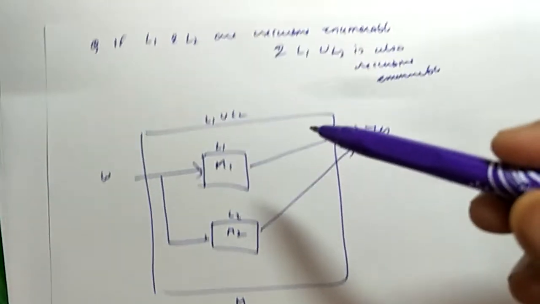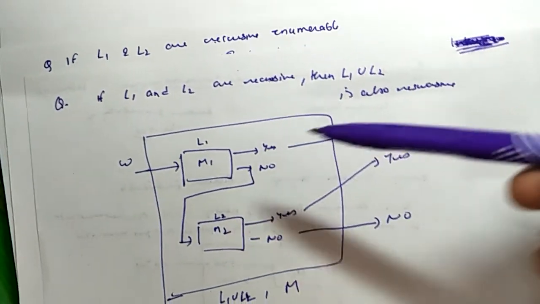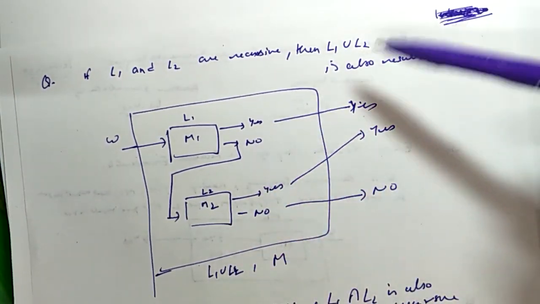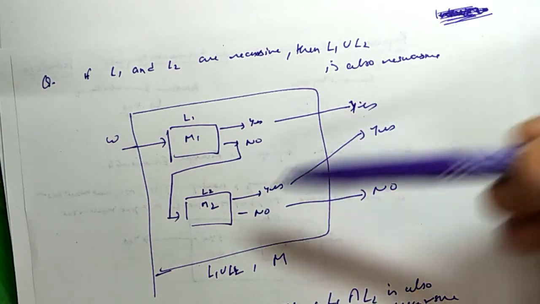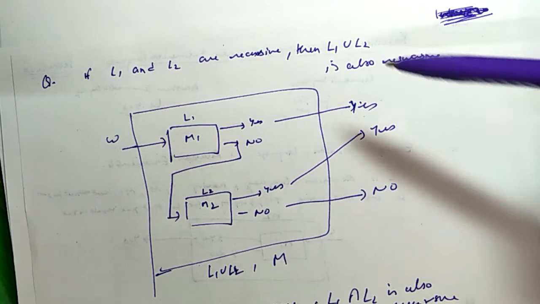We can design a Turing machine for L1 union L2 for recursive enumerable. We can design a Turing machine for the recursive language L1 union L2. If it is accepted by the first or second, it is accepted. If it is rejected by both, then it is rejected.